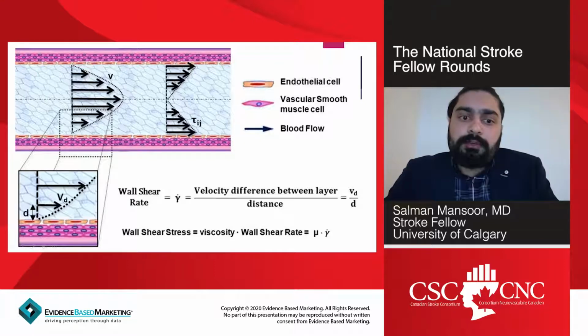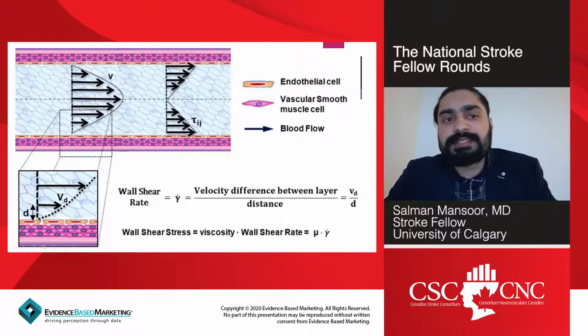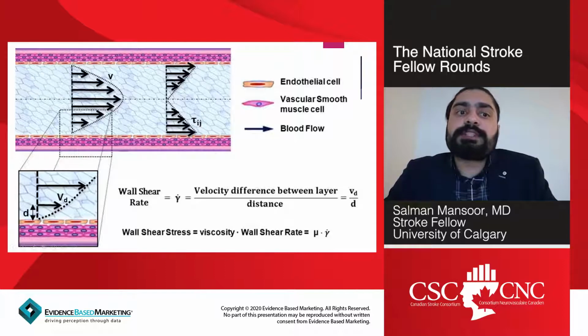There are two types of shear forces or shear stresses which exist in this diagram. One are the shear stresses which exist between the fluid layers, and the other are those which exist between the endothelial layer and the fluid surface.